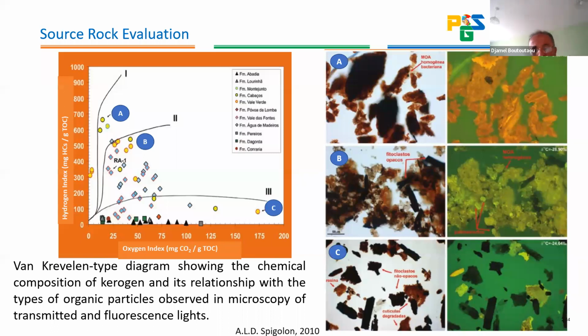Type 2 marine carbonate organic matter is rich in sulfur, so we also call it type 2S. Marine type 2 clastic actually has a low amount of sulfur, so it generates sweet oils. But type 2S generally generates heavy and sour oils.